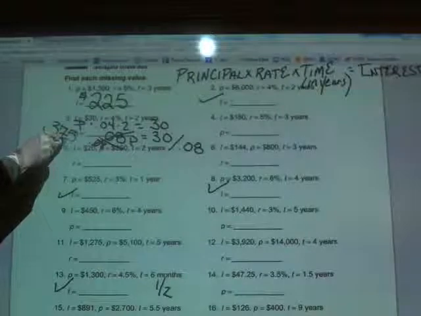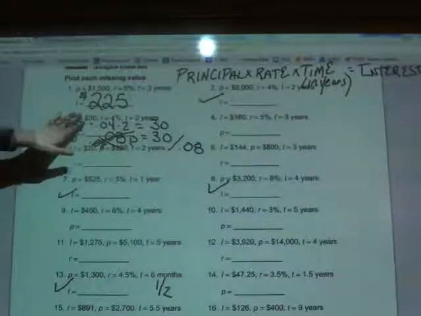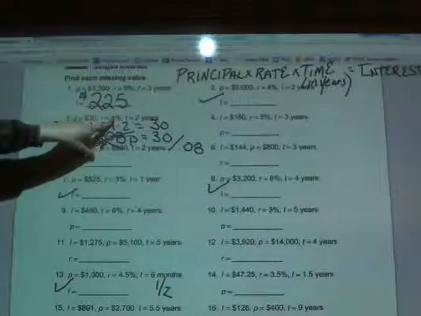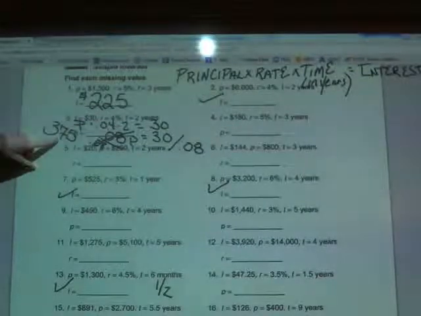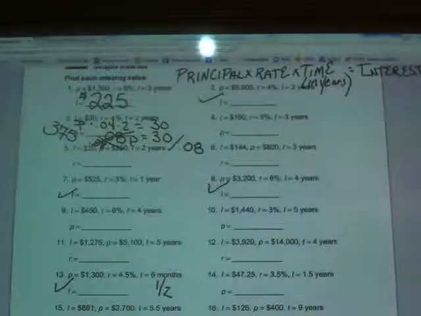So if you made $30 in interest, if that money was in the bank for 2 years, and the bank paid you 4%, that means you initially put into that bank account $375.